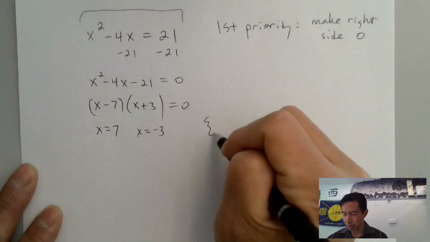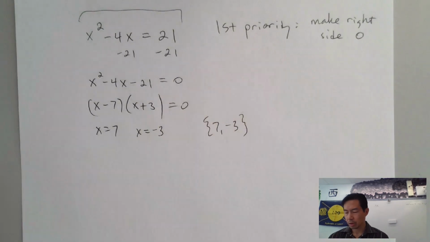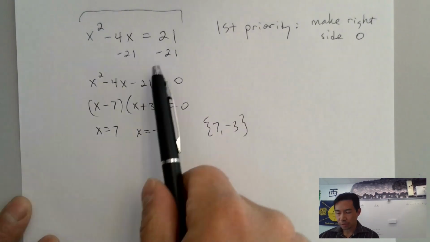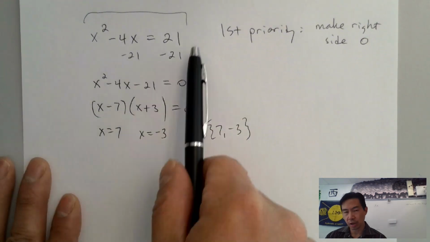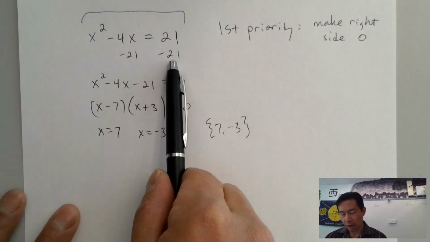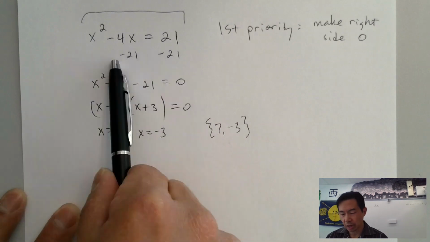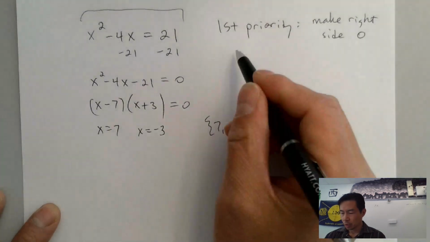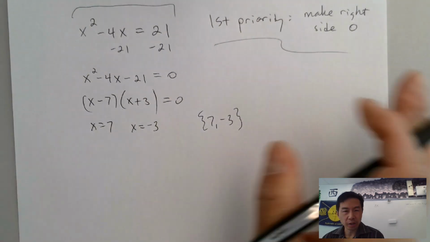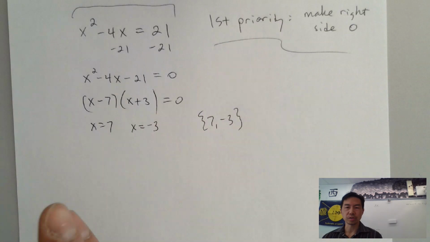So my solution set is 7 and -3. So when the equation has a non-zero number on one side, it's an easy fix. You just subtract that number from that side to get it over here. So it's only one extra step to do when the other side is not 0.